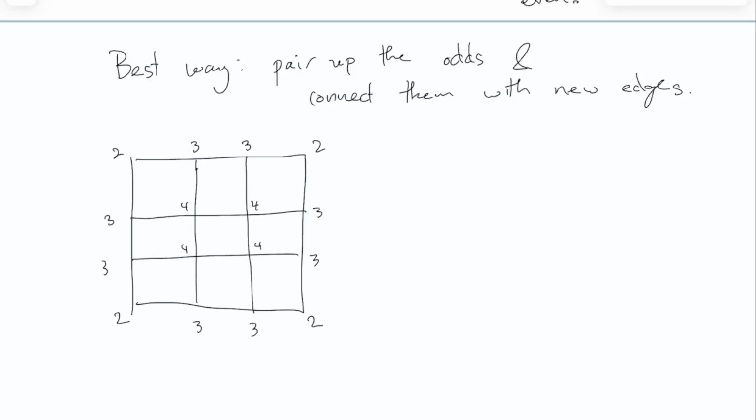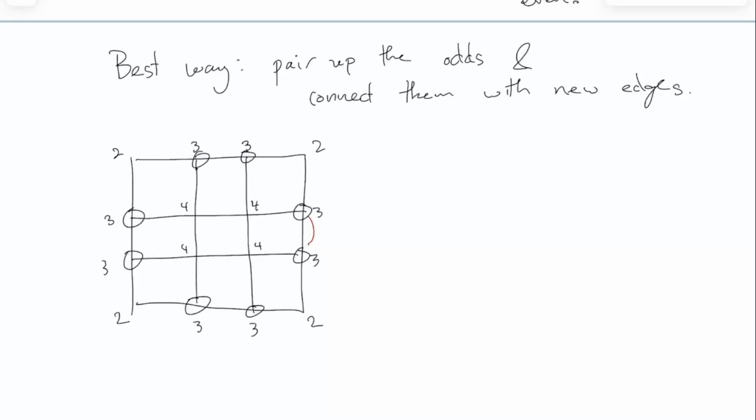Okay, so where are the odd ones? I will just circle the odd ones, as I usually will when I'm doing this. And then, which edges do we need to duplicate in order to turn them all even? My strategy here, which I said, is pair up the odds and connect them with new edges. So these odd ones that I've circled, I think they naturally look like you can pair them up. The 2 on the right here, they go next to each other, so I'm going to add a new edge right there.